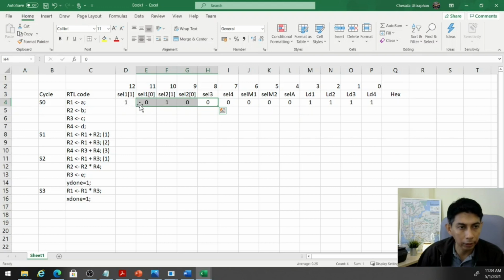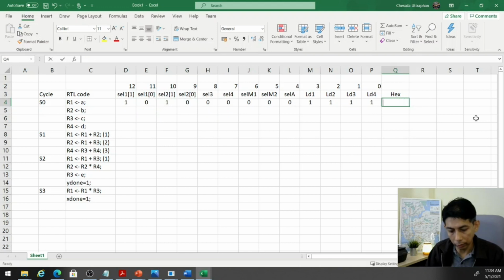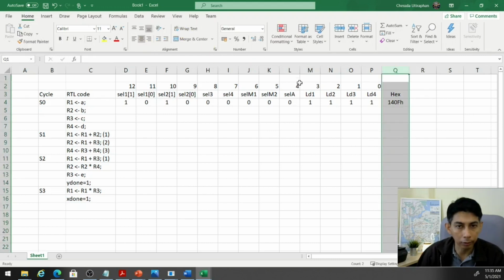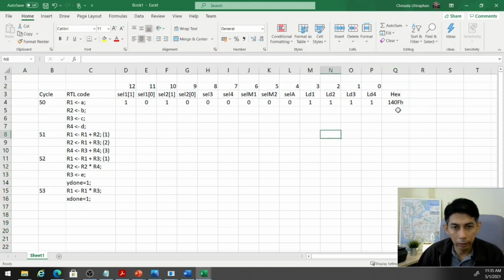That's 13 bits, so 140F in hexadecimal. This number we will use in writing our Verilog code.